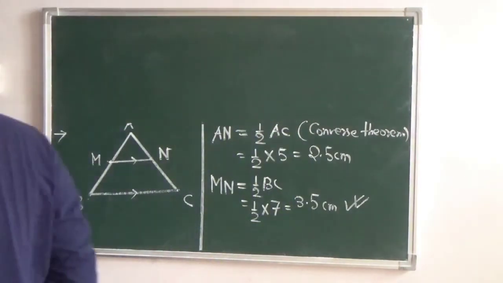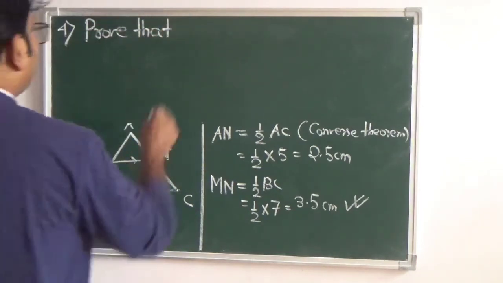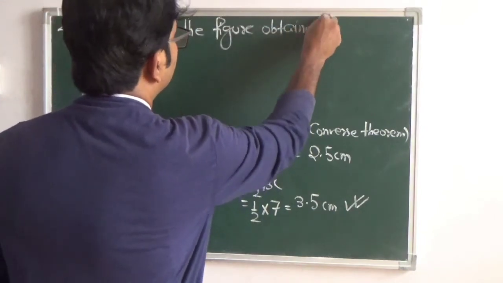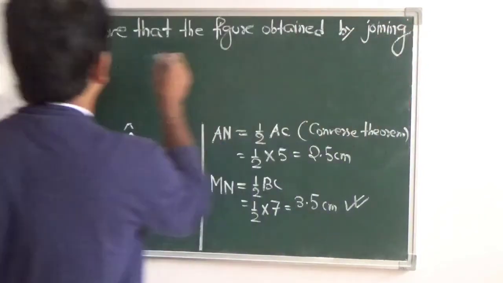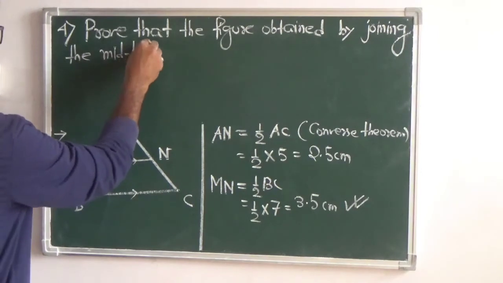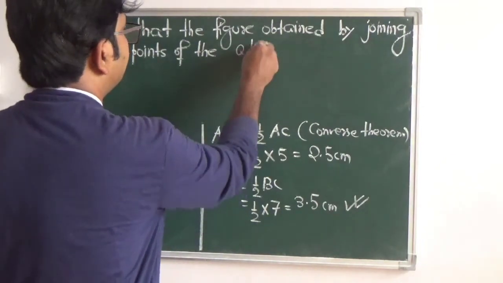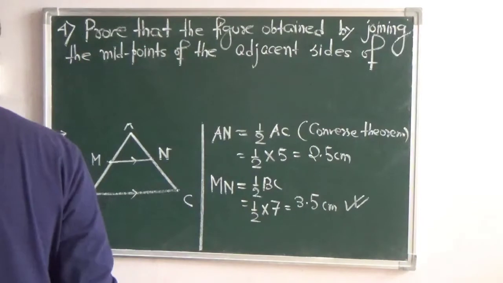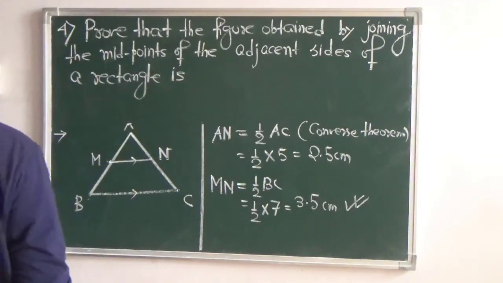So question number 4. Prove that the figure obtained by joining the midpoints of the adjacent sides of a rectangle is a rhombus.